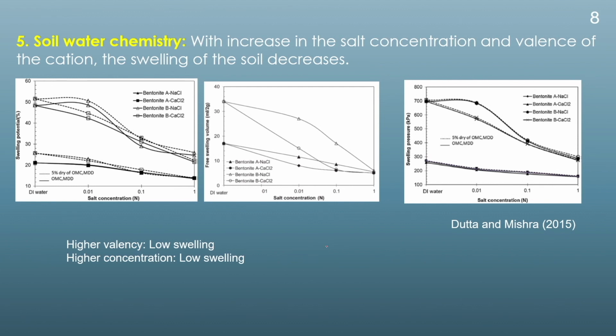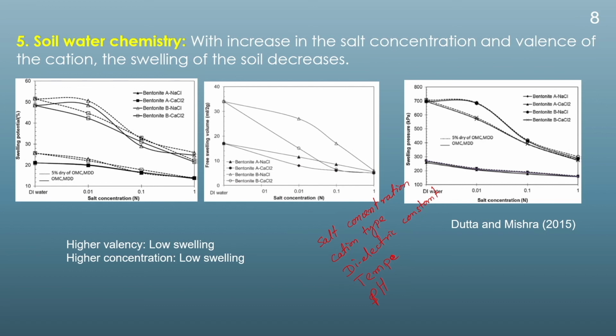The soil water chemistry can be divided in many ways: salt concentration, cation type, dielectric constant, temperature, and pH.